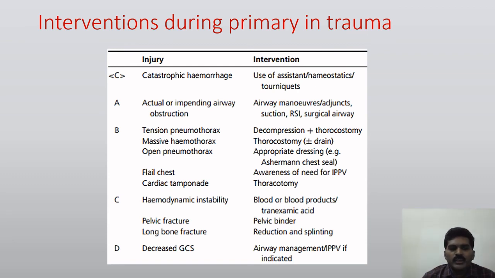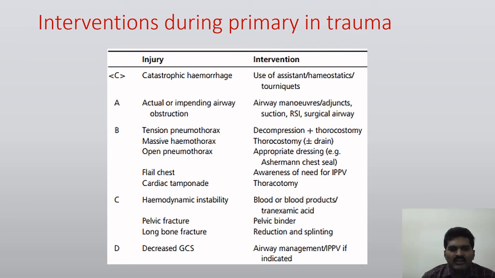Problems in circulation during primary survey are hemodynamic instability or hemorrhagic shock, a pelvic fracture, or a long bone fracture. For hemorrhagic shock, we need to start resuscitation with IV fluids and as early as possible shift to blood and blood products. If the injury is less than 1 hour old, you can go with tranexamic acid if the patient is not in shock.